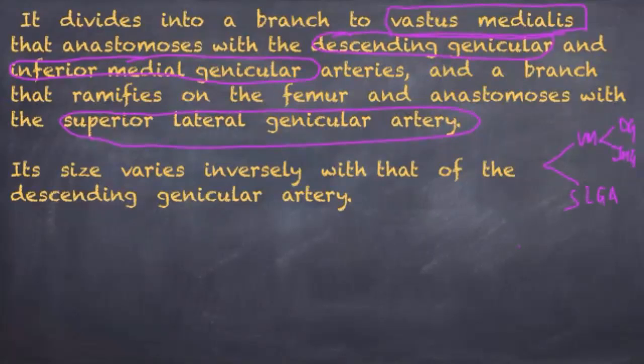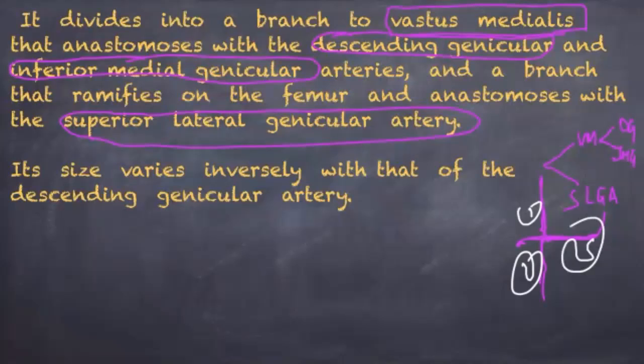That means this artery anastomoses with the descending genicular artery, the inferior genicular artery, and the superior lateral genicular artery. Its size varies inversely with that of the descending genicular artery.